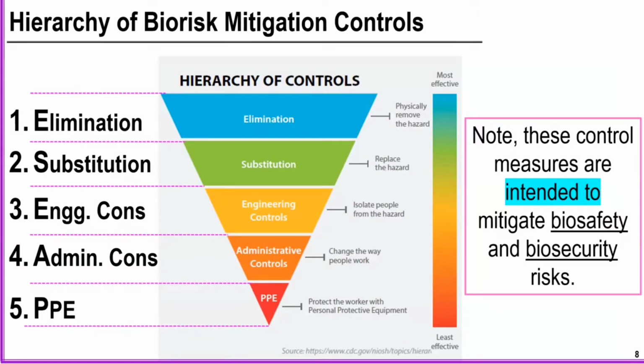It could be elimination, substitution, engineering controls, administrative controls, or use of particular personal protective equipment. From the perspective of this course, you need to think what kind of control measures can be used to safeguard or secure biological materials, equipment, and knowledge.